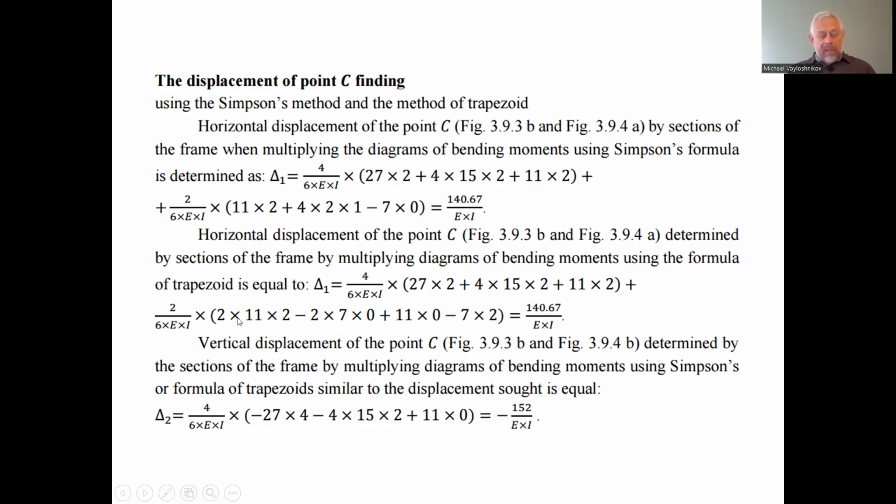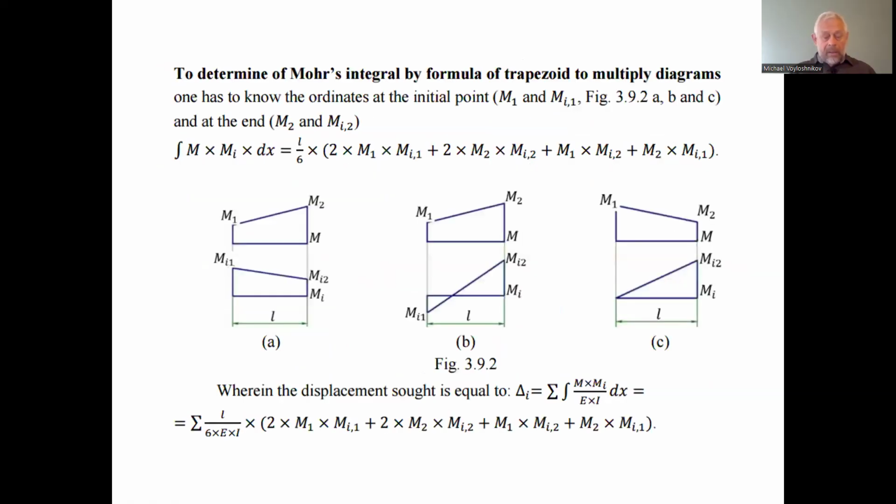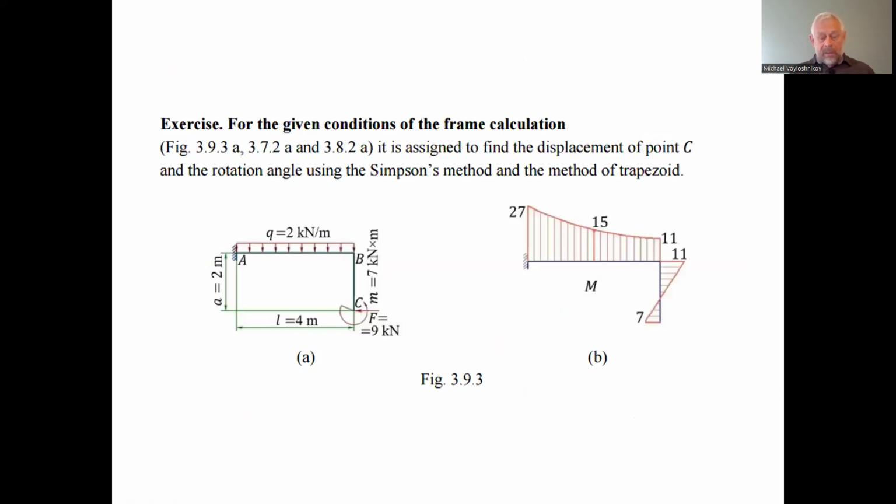Okay, so for the second summand we have minus 2, the factor of the trapezoid rule. For the first 2 summands we have 2 factors: factor 2 for the first one, factor 2 for the second one, product by 7 by 0. 7, why minus? This is because the diagram of the bending moment under the action of the external load for the second changes sign.